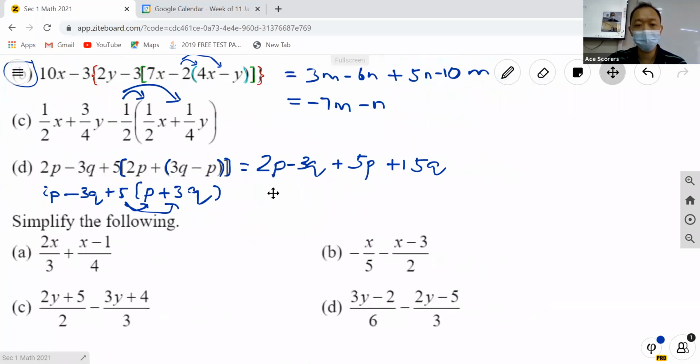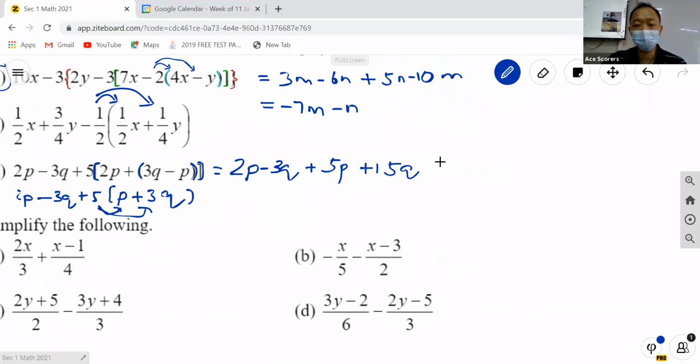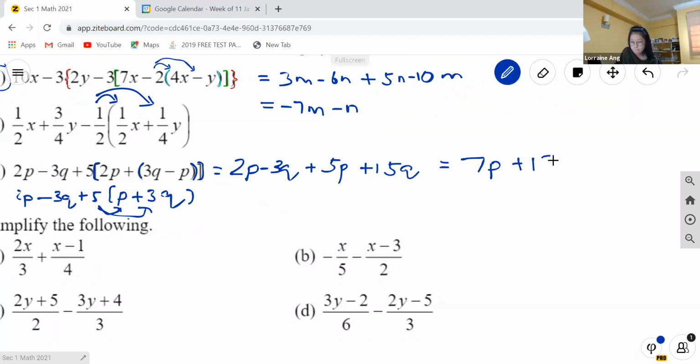And once I have everything in one line with no brackets, that's why I can evaluate 2P plus 5P, 7P, and minus 3Q plus 15Q, plus 12Q. That's all. So straightforward, logical, systematic. That's how I describe this. It's a bit robotic, right?